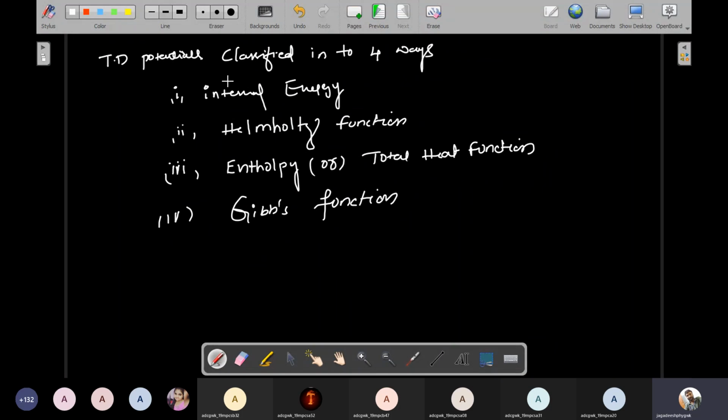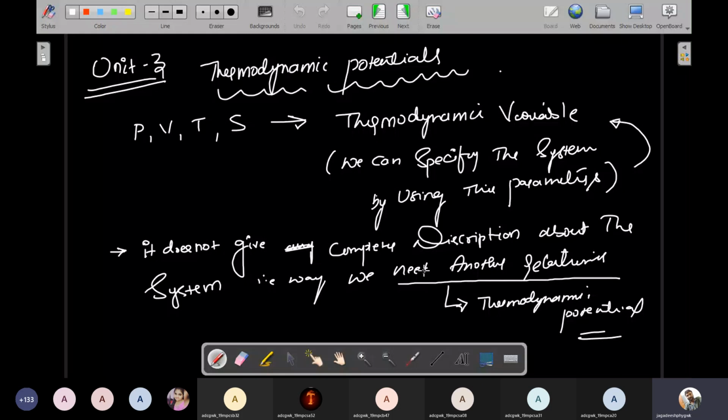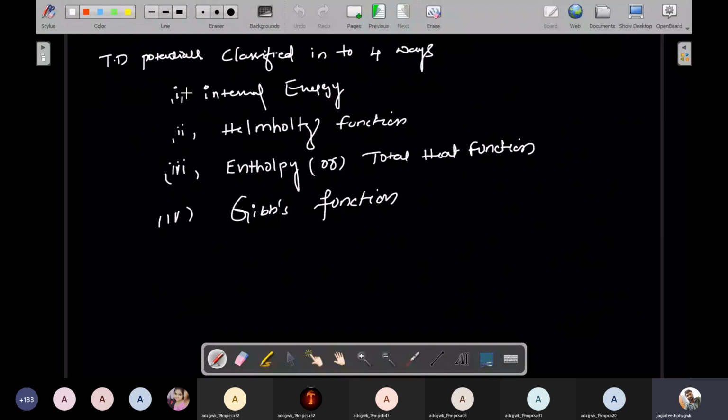These relations are classified into 4 ways.